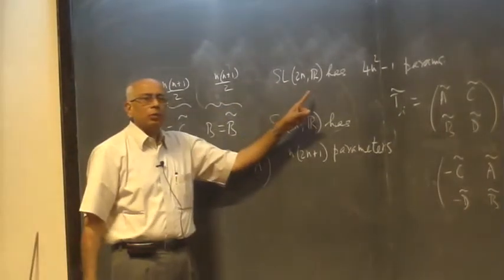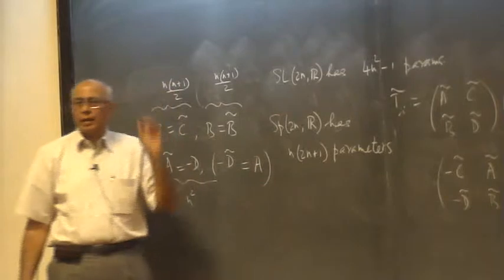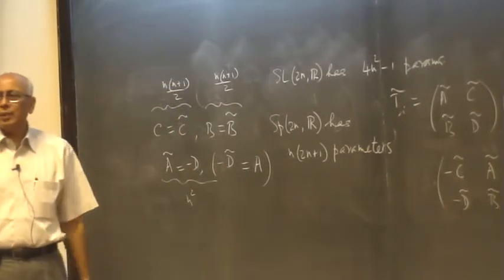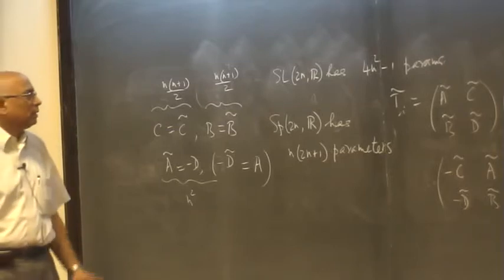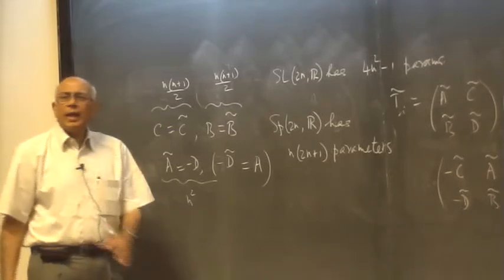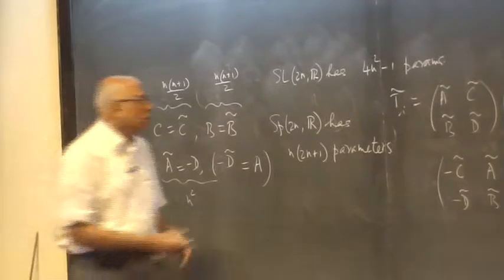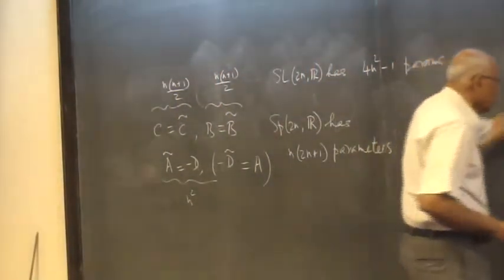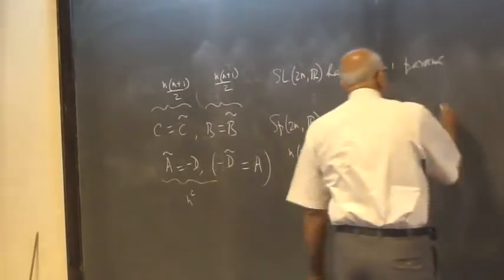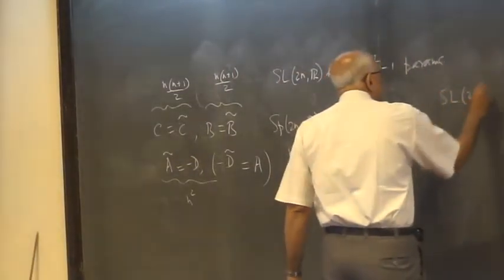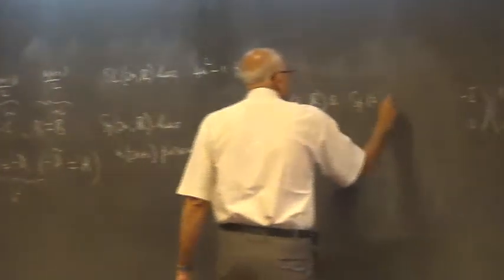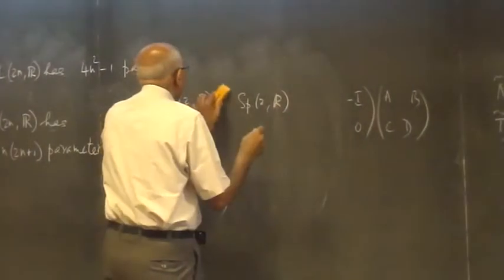It's a subgroup of this group here, except in one case. And it's a very important case in optics, for example, Lie optics and so on. And that is the case when n is 1. When n is 1, each of them has 3 parameters. And you can go further. It turns out that SL2R and SP2R are isomorphic.